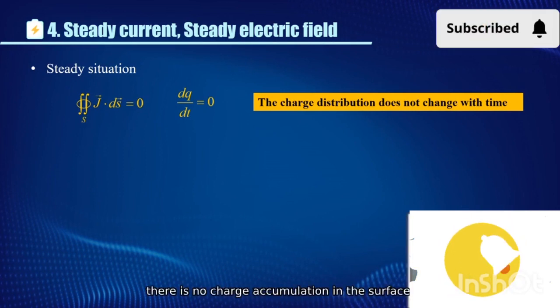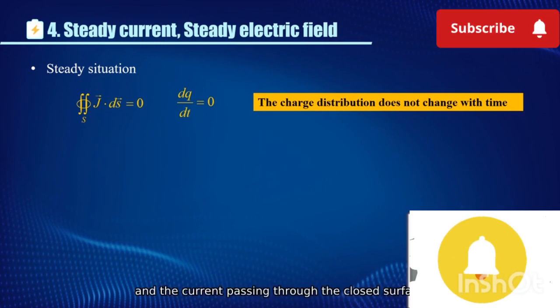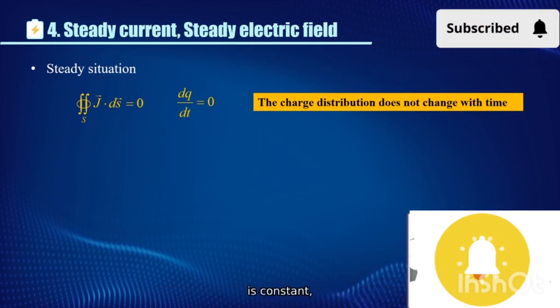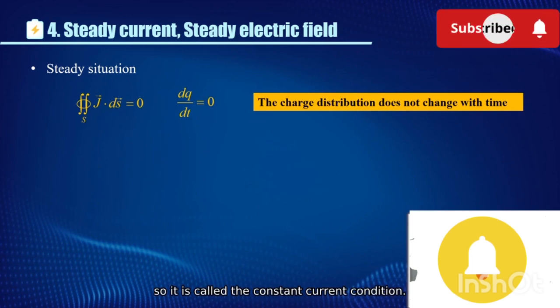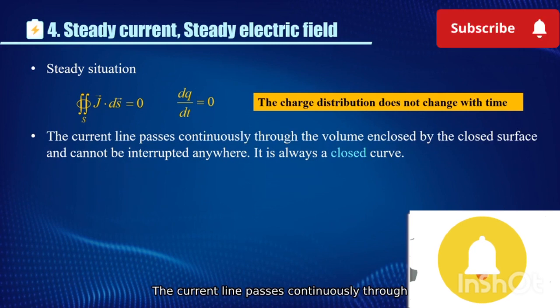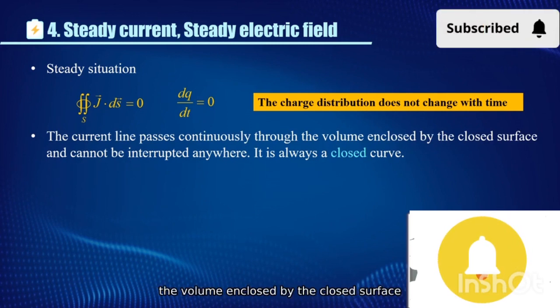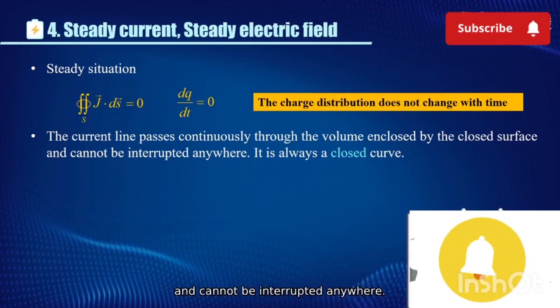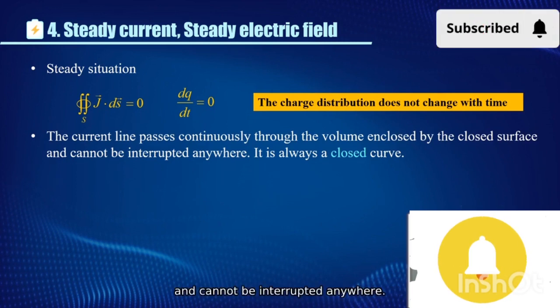There is no charge accumulation in the surface, and the current passing through the closed surface is constant, so it's called the constant current condition. The current line passes continuously through the volume enclosed by the closed surface and cannot be interrupted anywhere. It's always a closed curve.